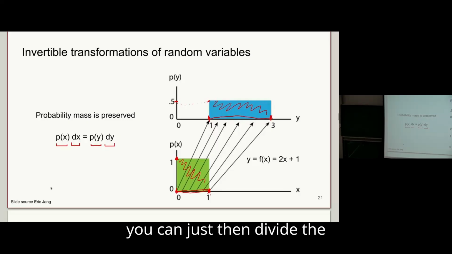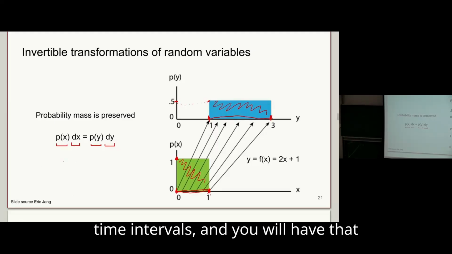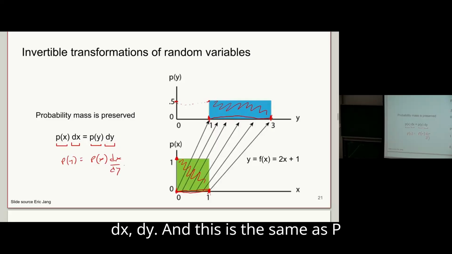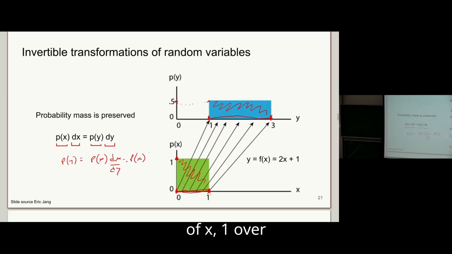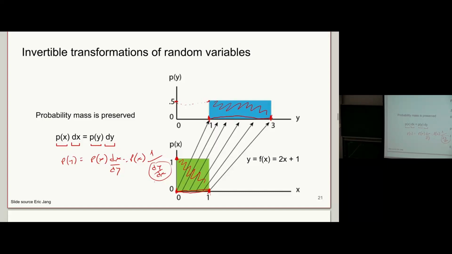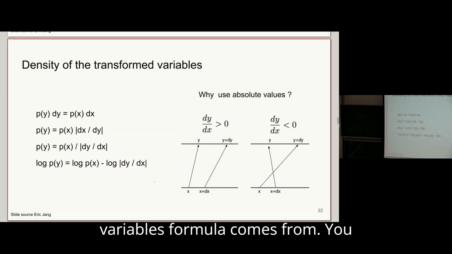And you can then divide the tiny intervals, and you will have that P of y is the same as P of x, dx over dy, which is P of x times 1 over dy/dx, and this is the derivative of my transformation, okay? So that's where the intuition of this change of variables formula comes from.